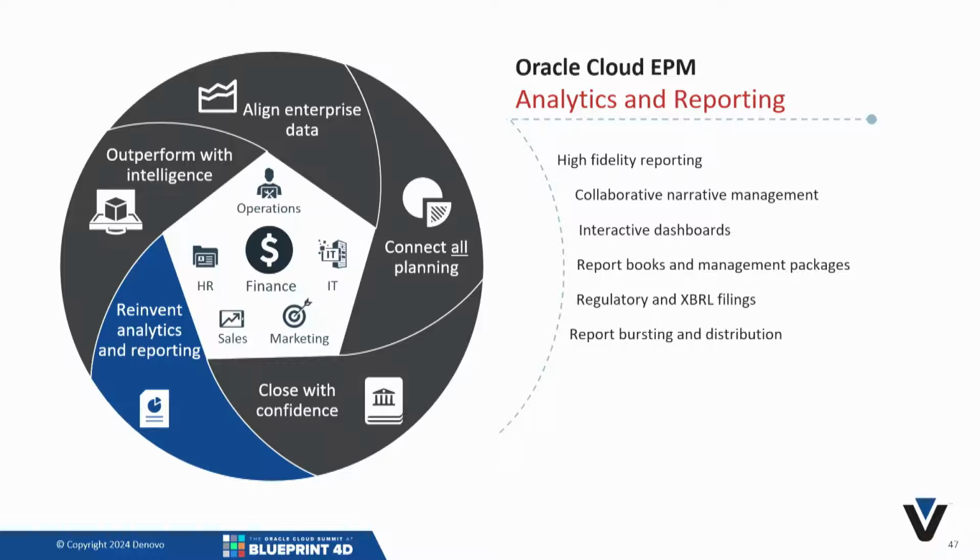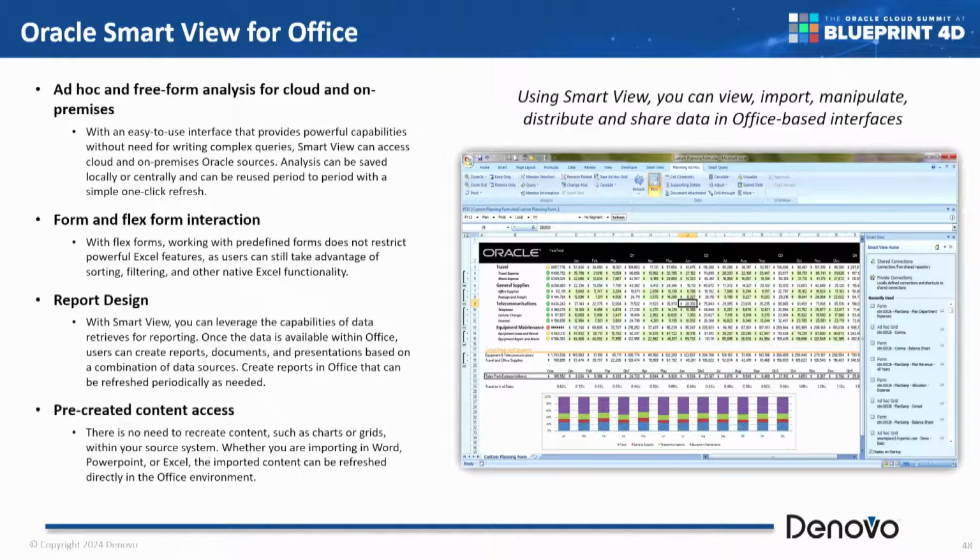Analytics and reporting. This is kind of the last section I wanted to talk about, and that is the different types of reporting. So there's financial reporting, some of what you just saw on income statements and variance reporting. That is called Reporting Studio or financial reporting. So as customers, you'll want that skill set to create those types of reports.